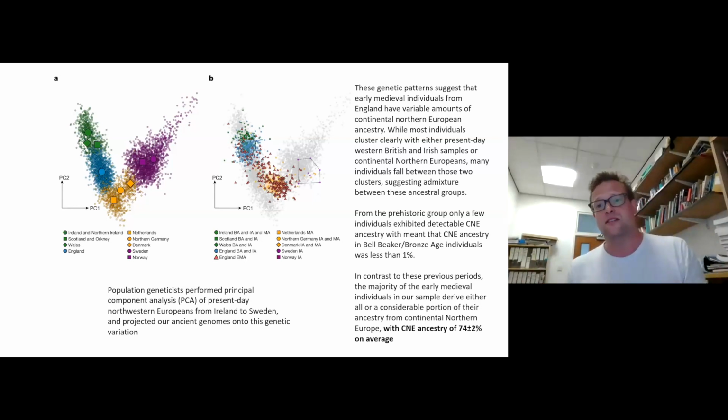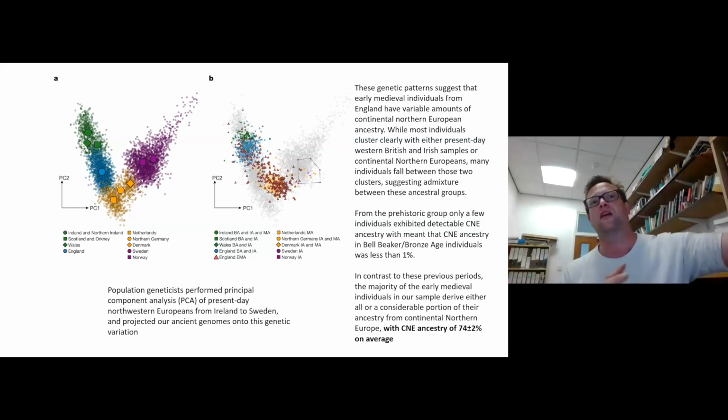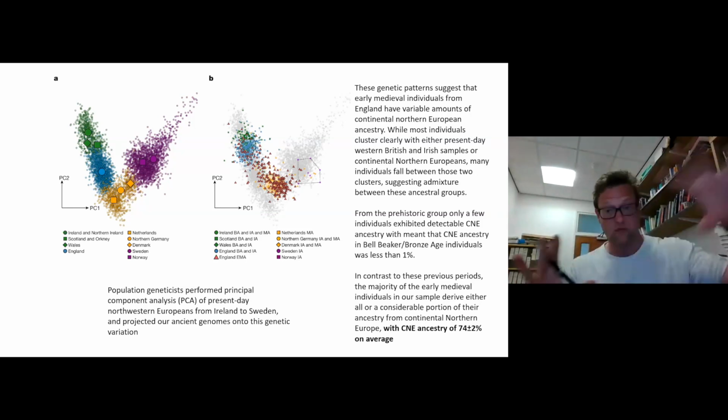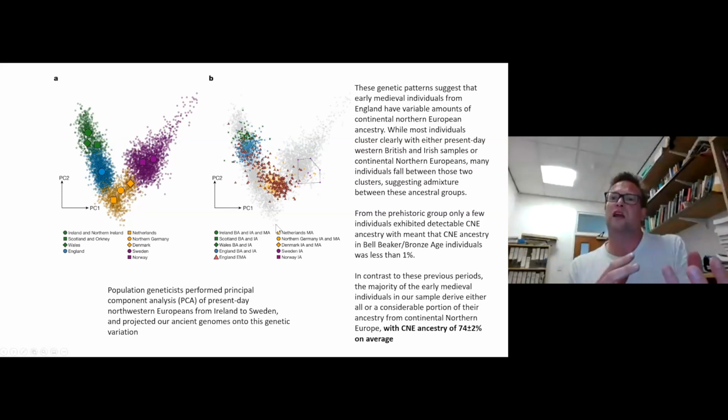This is what the geneticists then produce when they've sequenced all of that stuff. They start to try and map that around similarity and difference and create these sort of correspondence analysis charts that look at those differences in the populations and map those onto modern populations, and then try and work out how those two things come together.